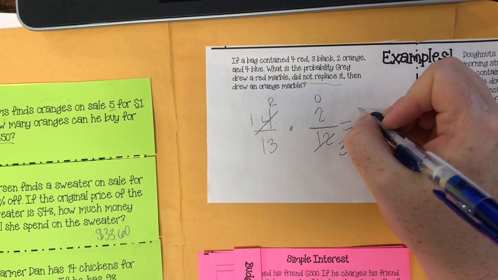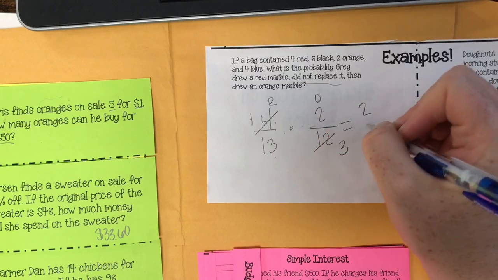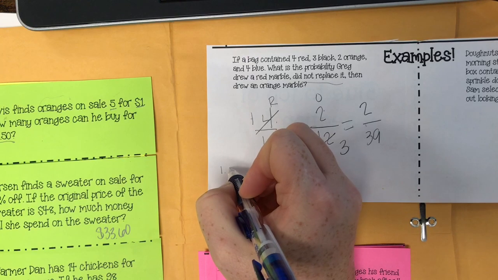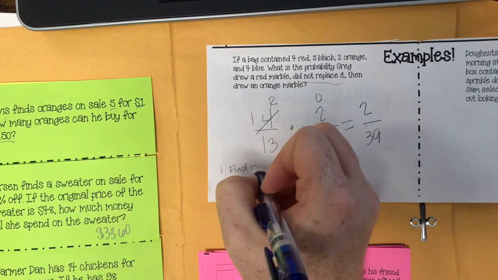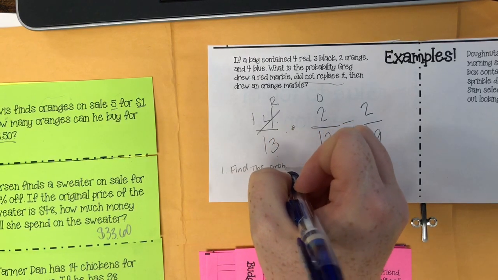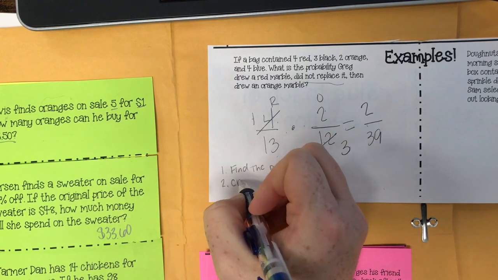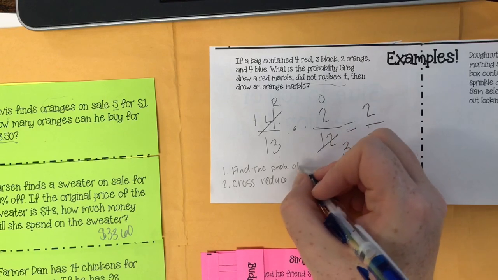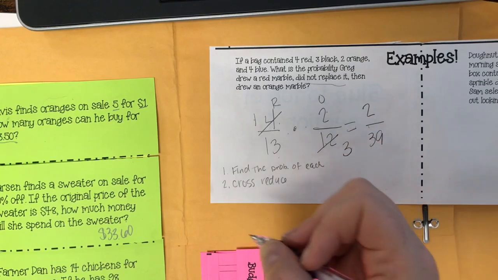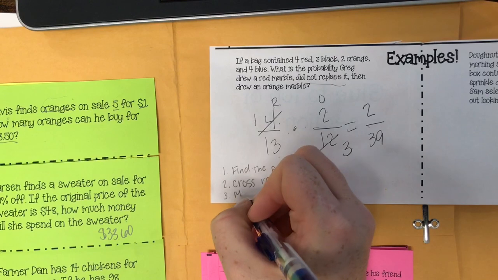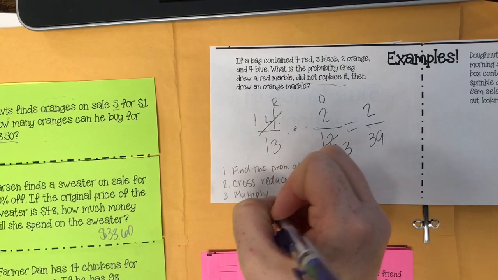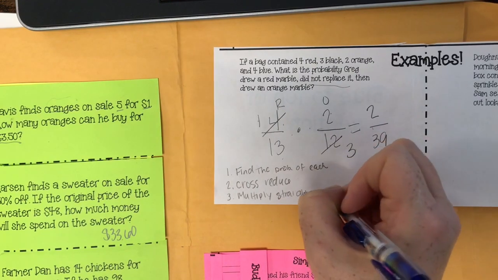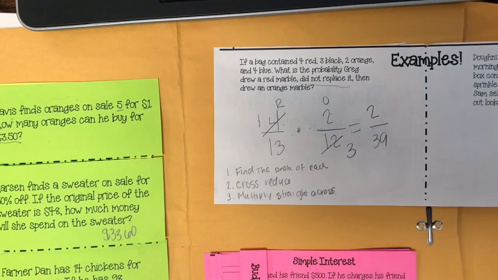Then we multiply straight across. 13 times 3 is 39. So find the probability of each, cross reduce, multiply straight across. Okay?